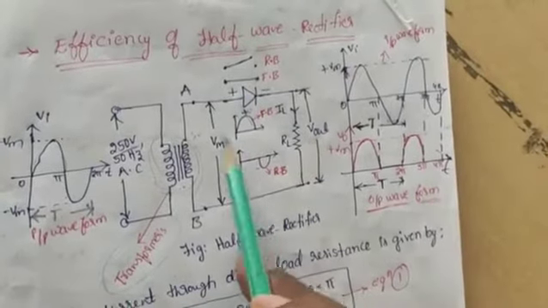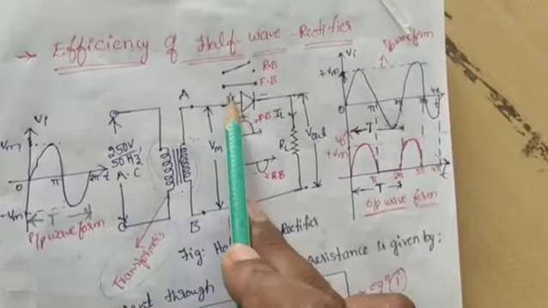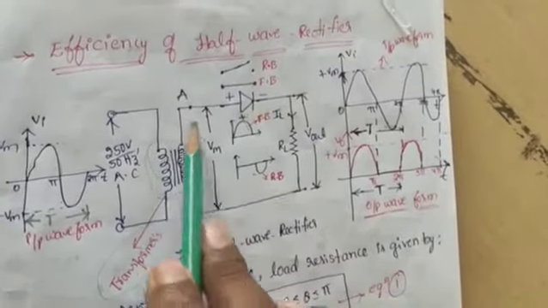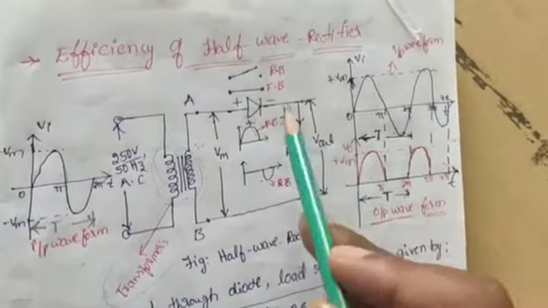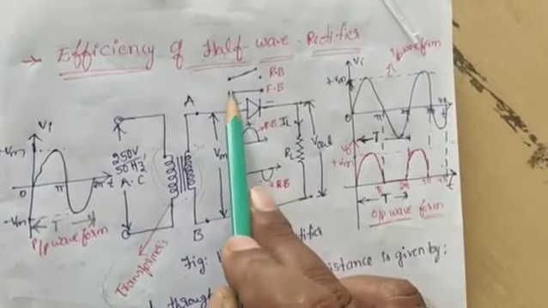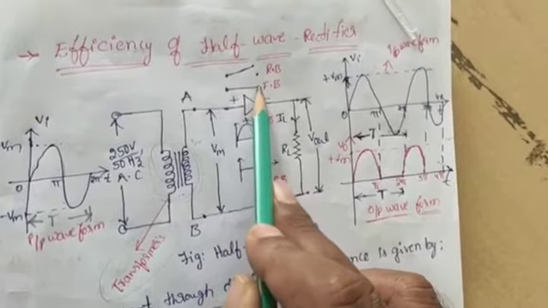When we apply the positive signal, it acts as a forward bias. In forward bias, the diode acts as a closed switch. This is a complete closed switch.